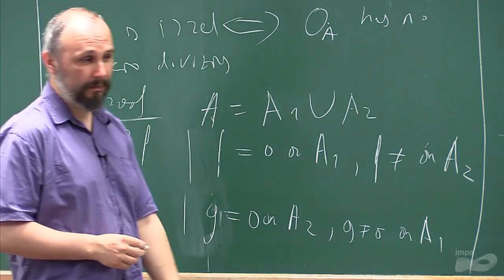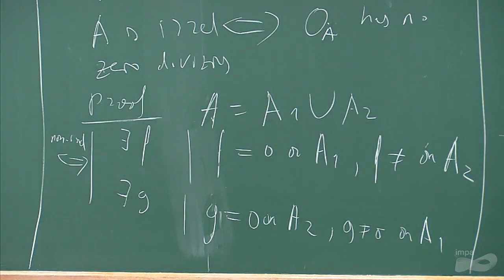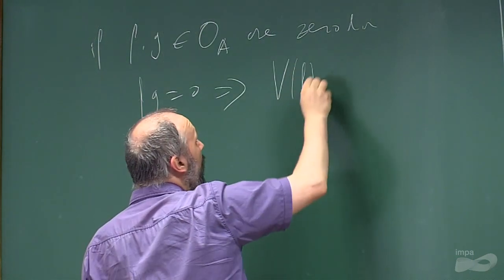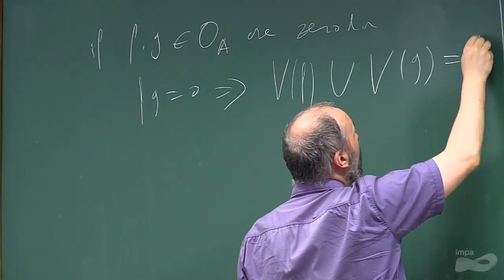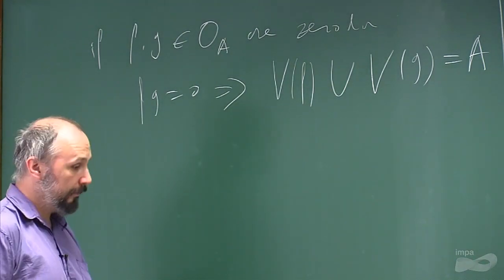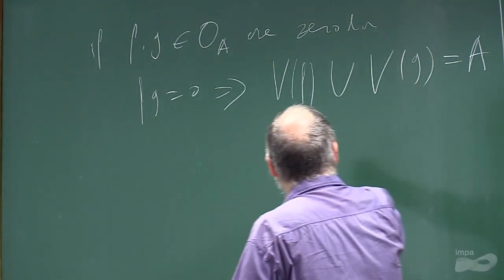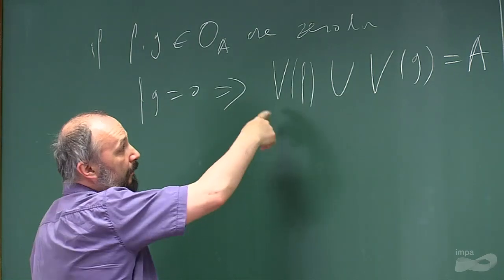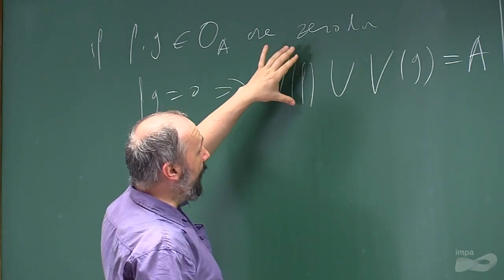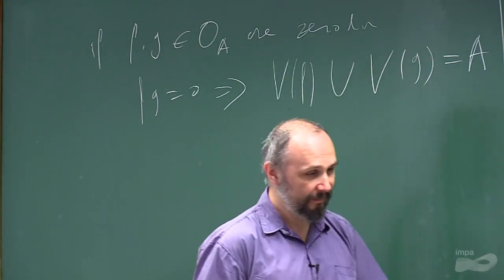Yeah, but this is the same as zero divisors. If f, g belong to O_A are zero divisors, fg is equal to 0, this implies that the zero set of f union the zero set of g is equal to the whole A. And they are not zero by assumption, because they are functions on A. They have to be distinct, otherwise one would contain the other, because if this is contained in that, this is A, and then f is equal to 0.